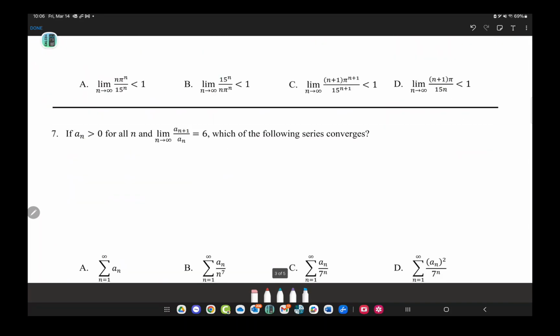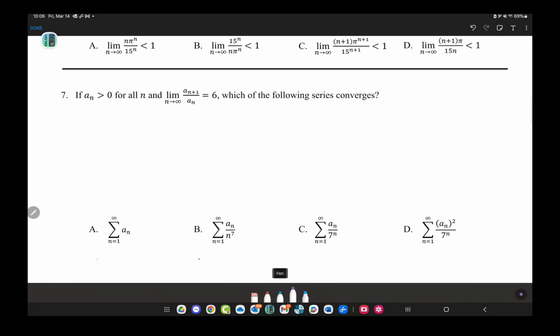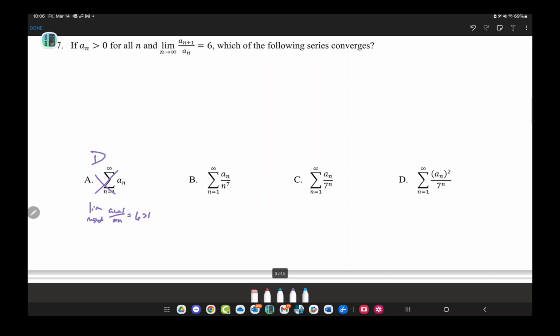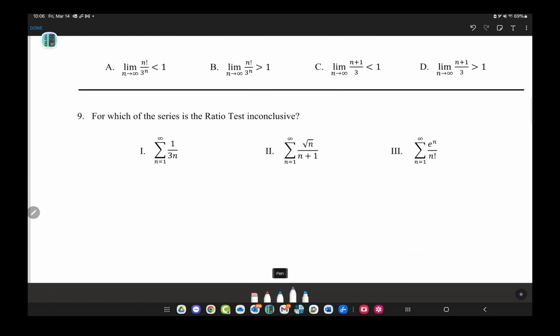So we do know it is not A, because this already says the limit as n goes to infinity of a of n plus 1 over a of n is equal to 6. So that's greater than 1, so this diverges. So not A.